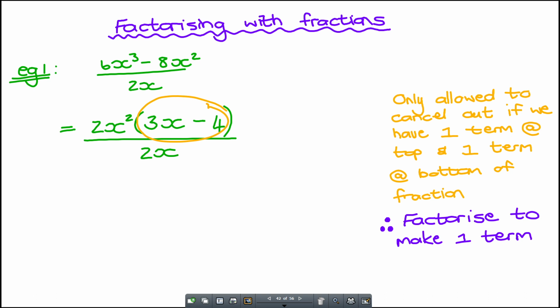All I can do is this 2 can cancel out with that 2. And then this x can cancel out with one of those x's at the top. Do you see that? So what would then be left? x bracket 3x minus 4. And that is where we stop, because I factorized and I cancelled out.